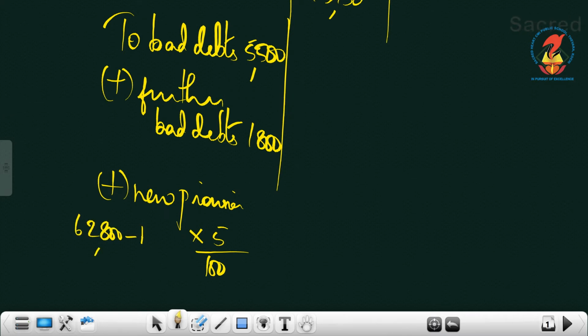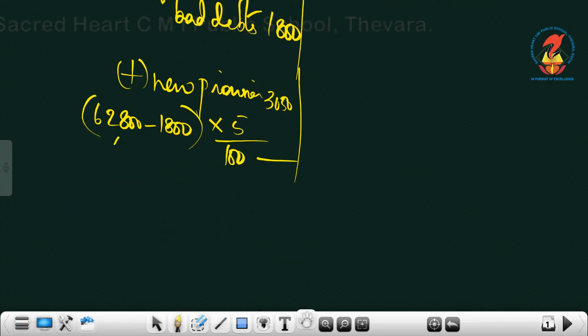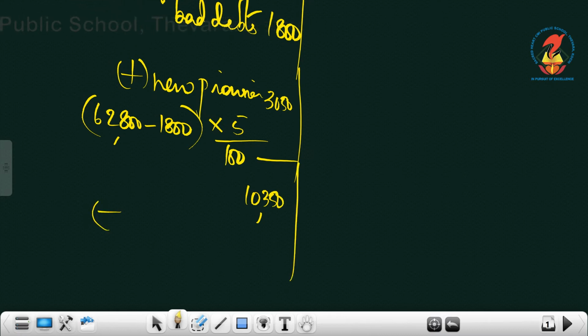From that, always remember you must deduct the further bad debts of 1,800. So now the new provision will be 3,050. Yes, the new provision is 3,050, which we will add here. Now the total is 10,350.